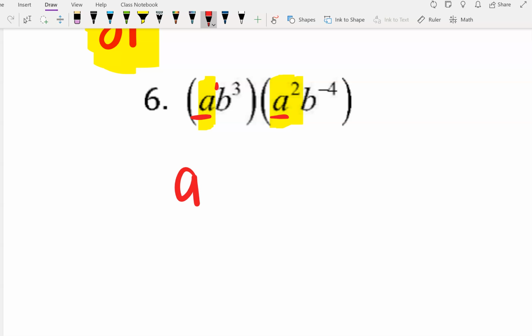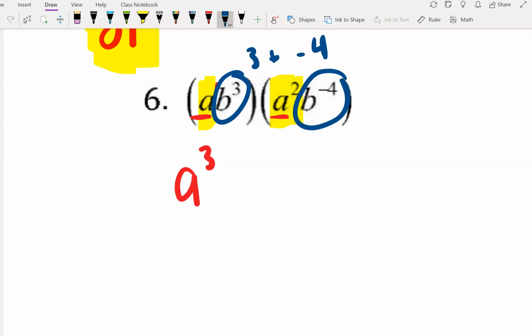So I'm going to end up with a to the 3rd power. Then do the same thing with the b's. So I have b to the 3rd and b to the negative 4th. When I multiply like bases, I add the exponents. Well, 3 plus negative 4 is basically 3 minus 4, which is going to be negative 1.